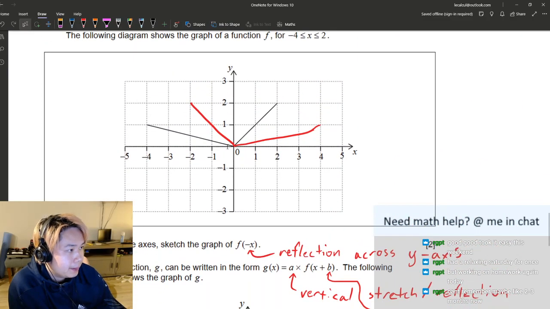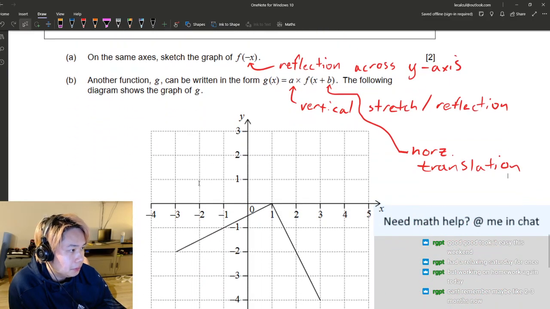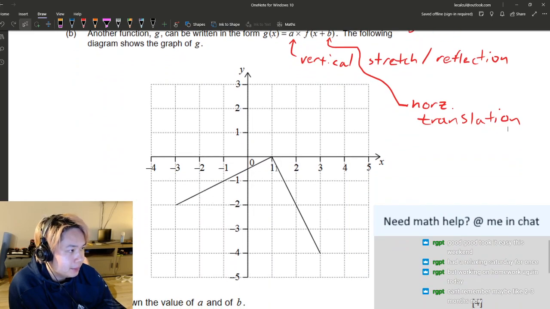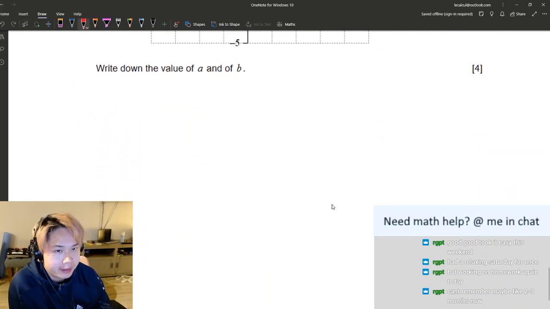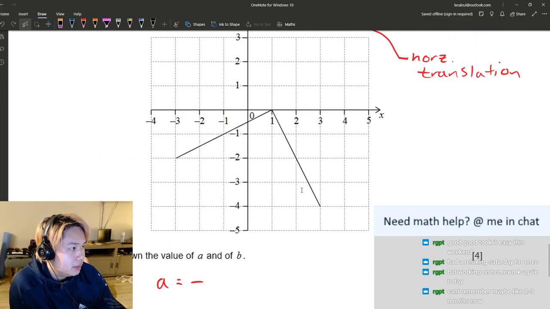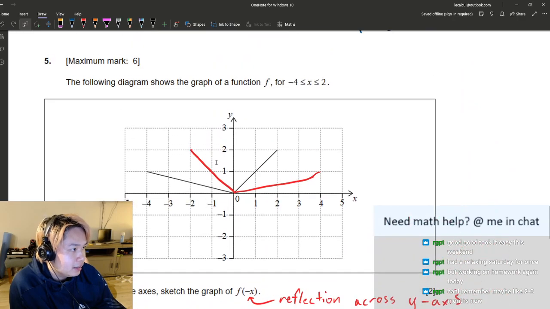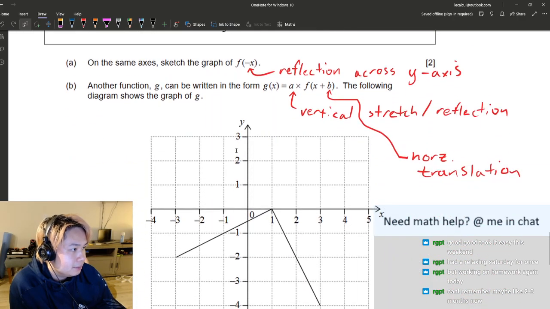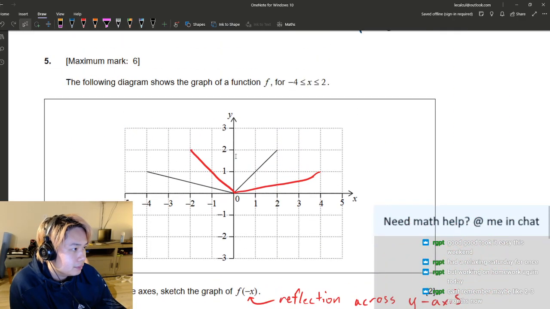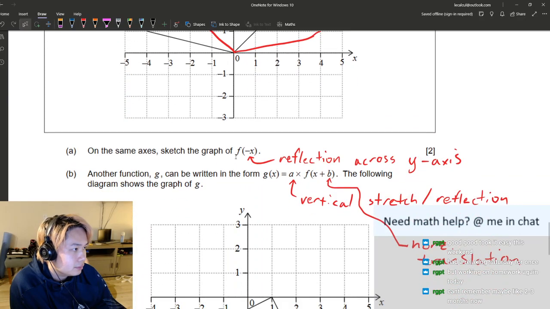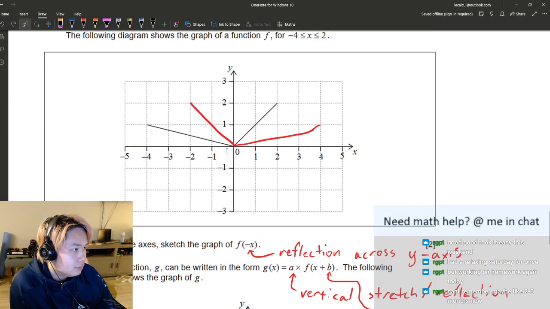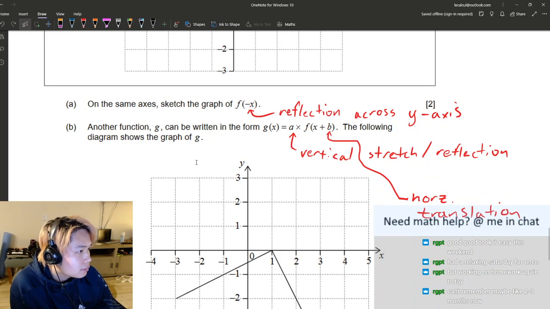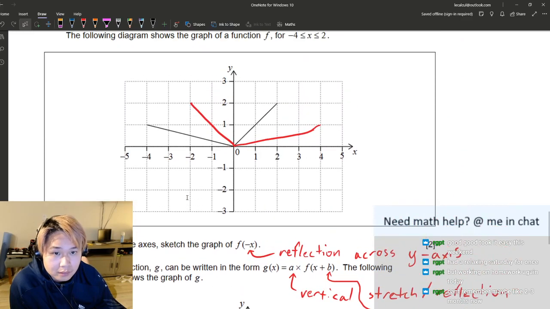Okay. So comparing the two. Obviously this is upside down. So I know a has to be a negative value. Now, does it stretch it? So if you look at it, right here, this gets flipped upside down.